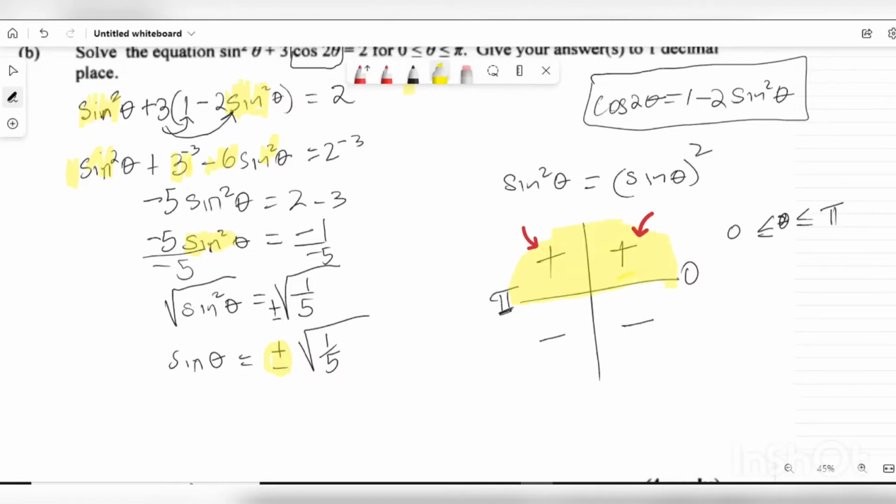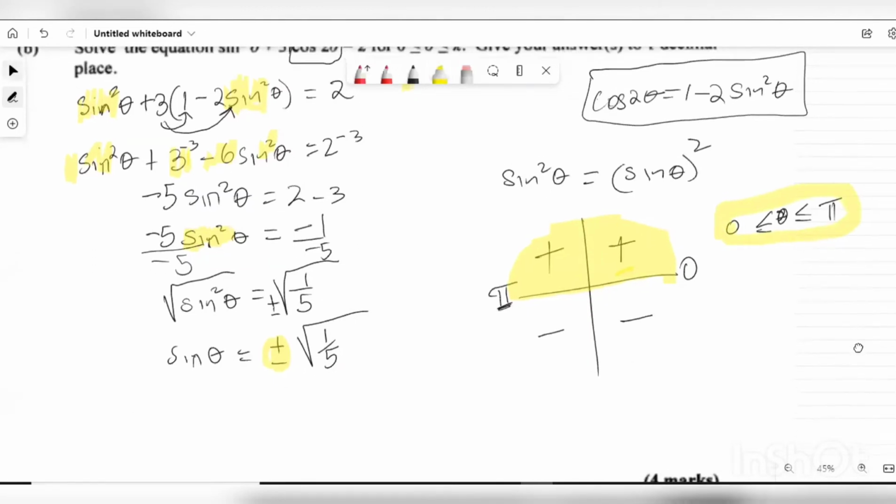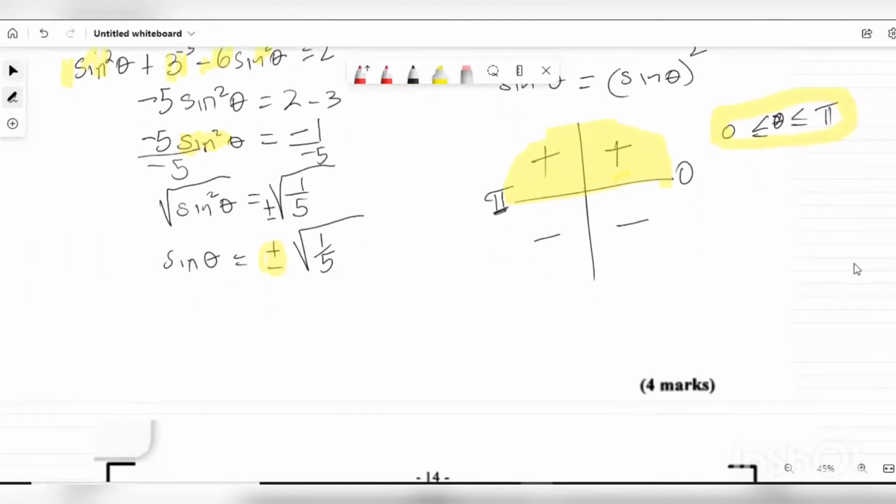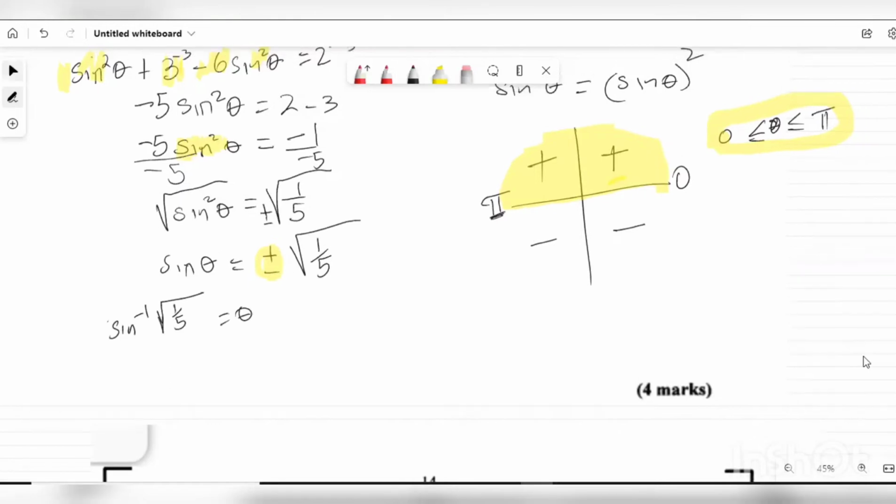So the two negative responses are not applicable for the angle that we're functioning within right now. Therefore, we're embarking on finding sine inverse of the root of 1/5. Radians, what we get?